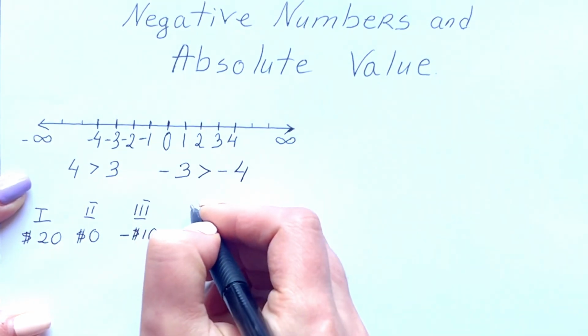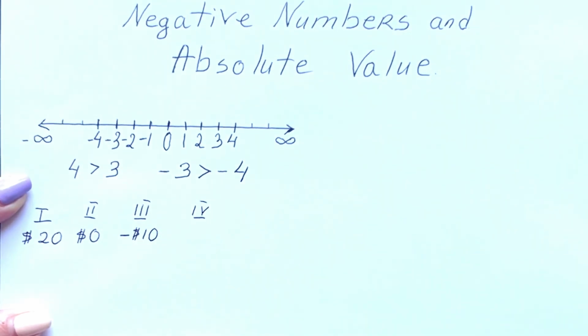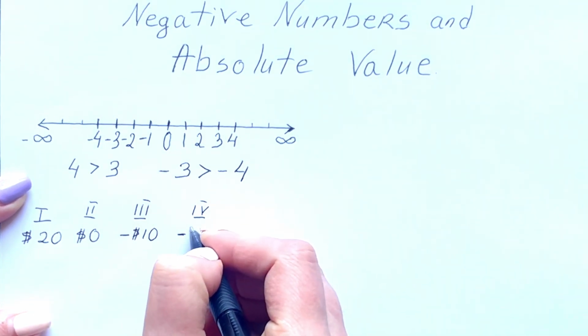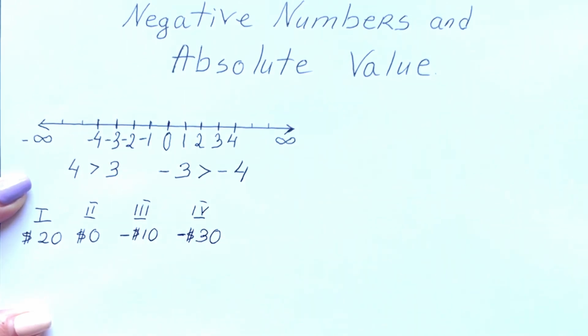Okay, the fourth friend owes his dad $30. It means he has to give $30 back to his dad. So it's negative $30. Okay.